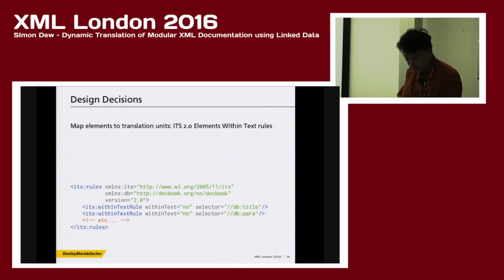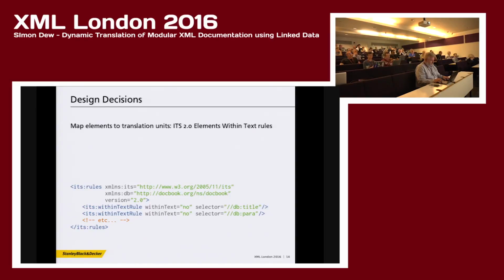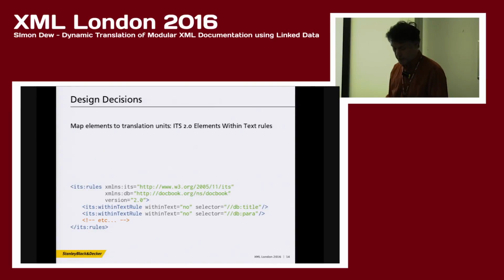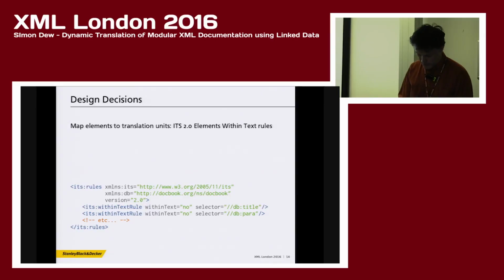You can use the elements within text data category to determine which elements in a file are block elements and which are within text. So we decided we'd define an ITS rules file for the file formats that we use. And the XLIFF preparation tools would have to use this ITS rules file to map elements in the source document to translation units in the XLIFF file. That's a very short snippet from an ITS rules file there.